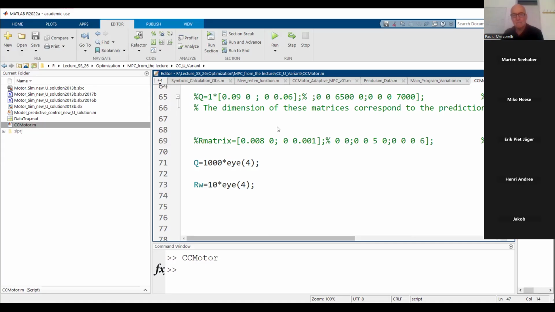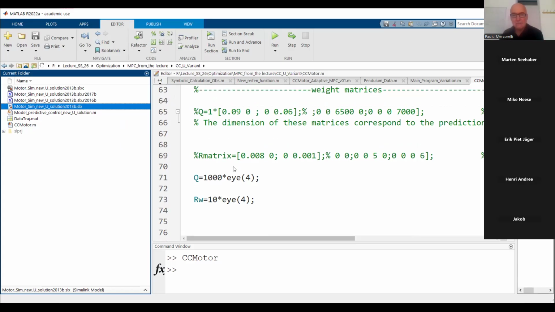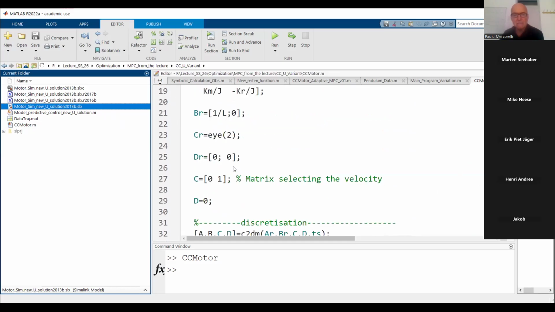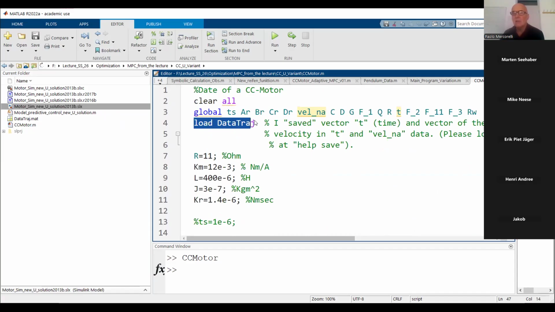Now I have the elements. Let me open the Simulink file. Let me explain a little bit something more here. Global is in a function; clear all, we know, no? Clear all elements in a prompt command, just to cancel what we have in the workspace.